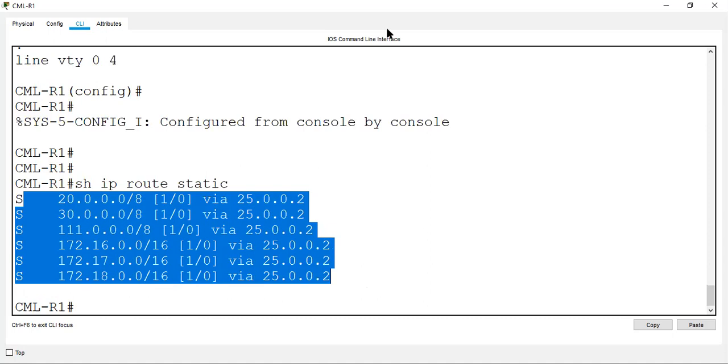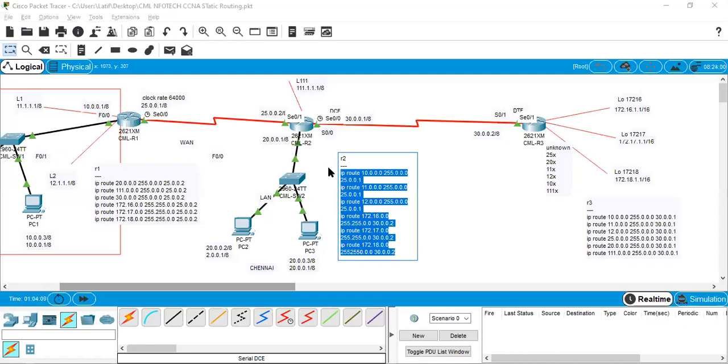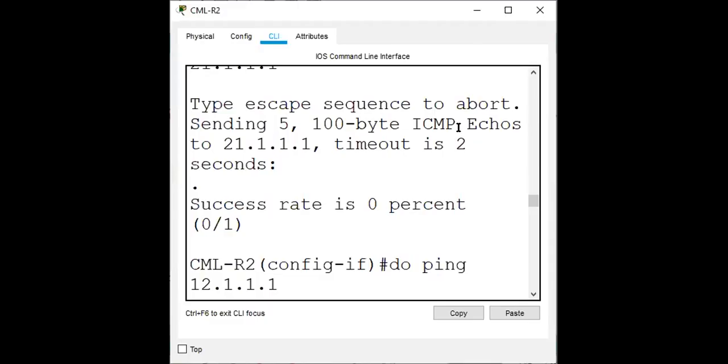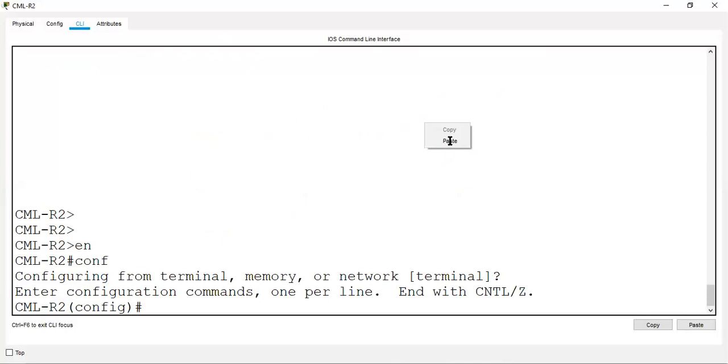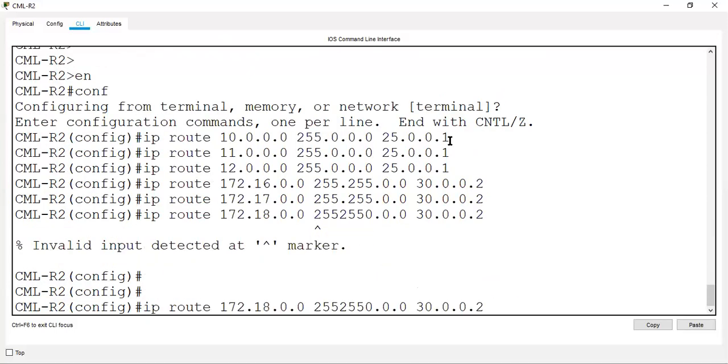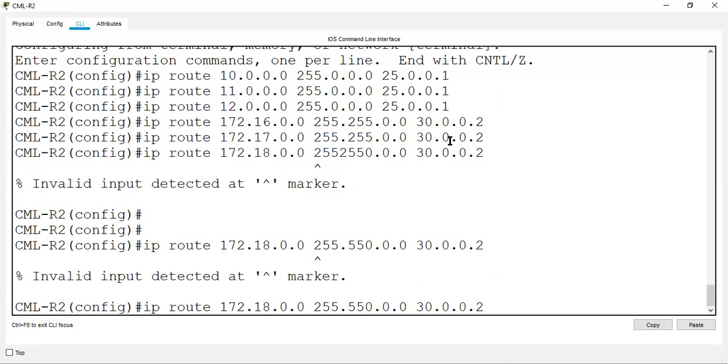Same way we can configure for R2. Paste. 255.255.0.0.